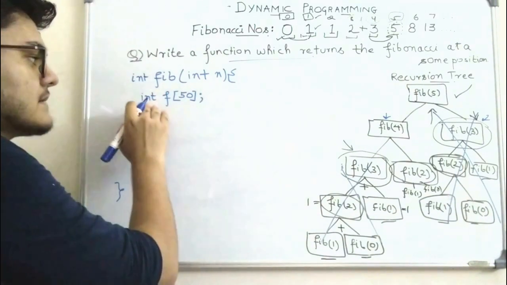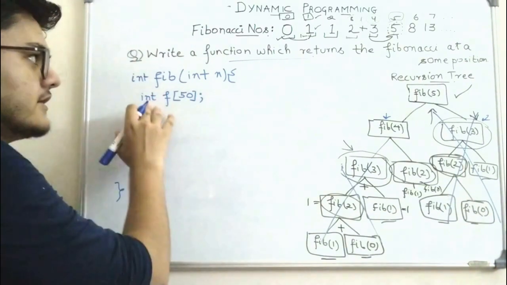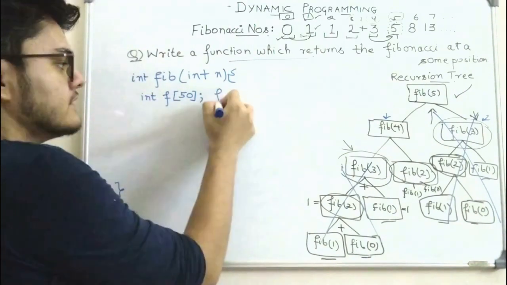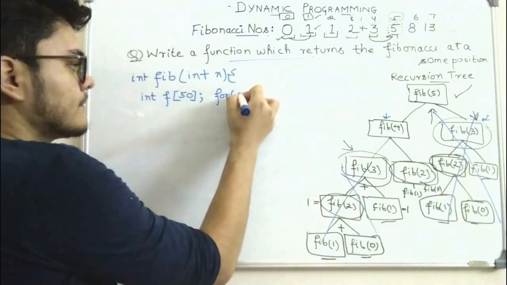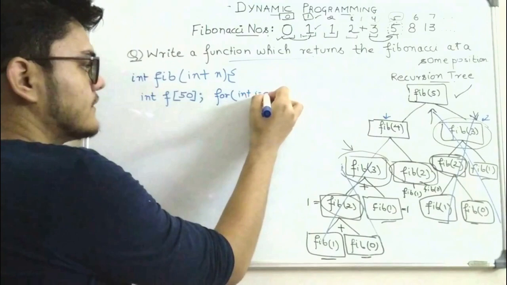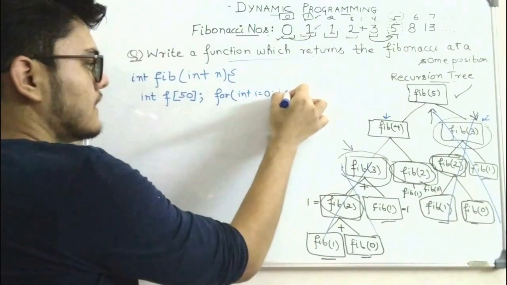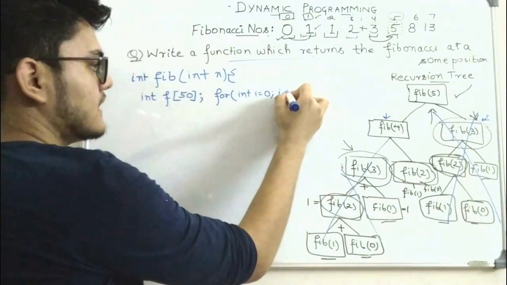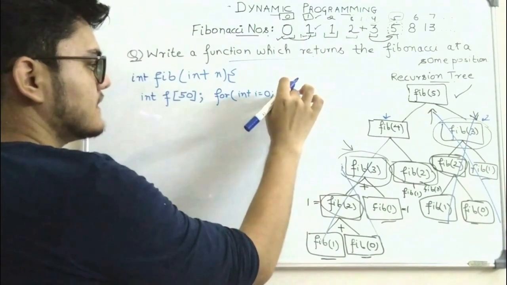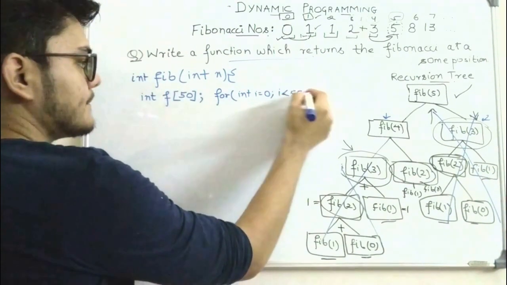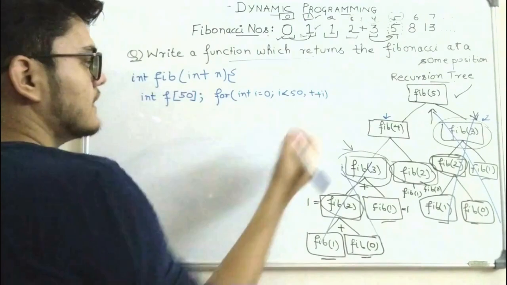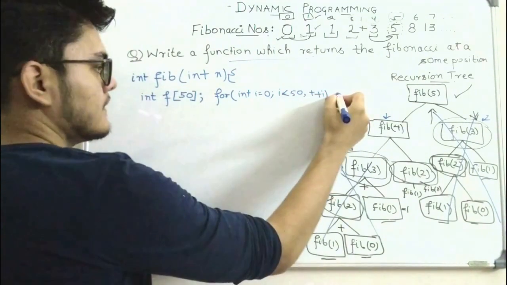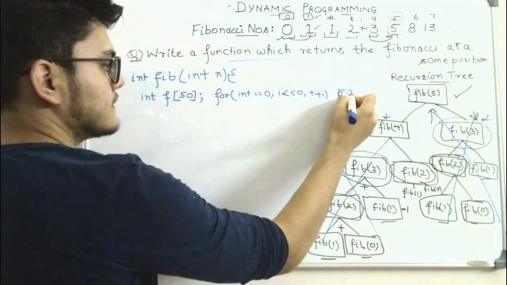So this array has the capacity to store 50 integers, and initially I will just write a for loop which will run from int i equals 0 till i less than 50, sorry, less than 50, then plus plus i, and I'm just going to write here f of i equals 0.